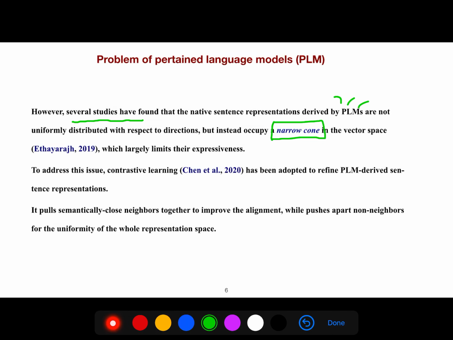To address this issue, contrastive learning has been adopted to refine pre-trained language models' derived sentence representations. It pulls semantically close neighbors together to improve the alignment while pushing apart non-neighbors for the uniformity of the whole representation space.